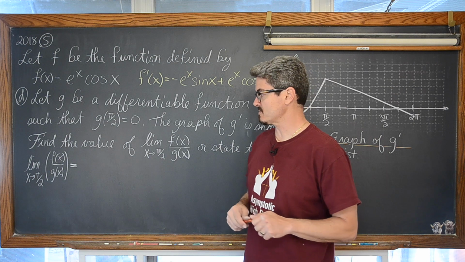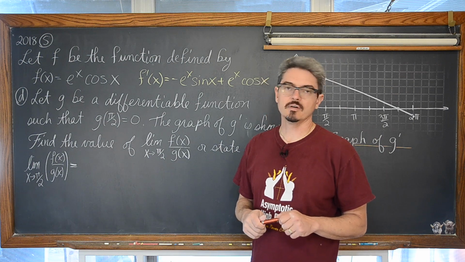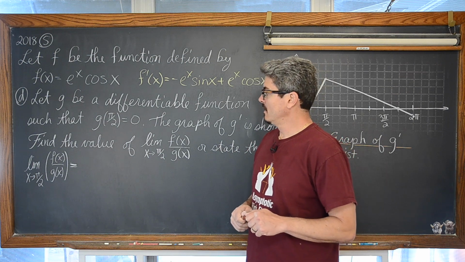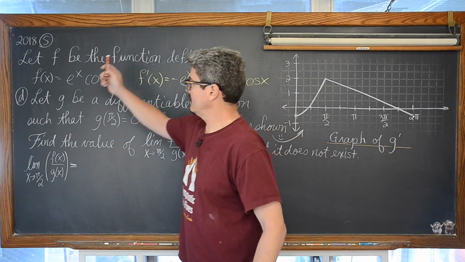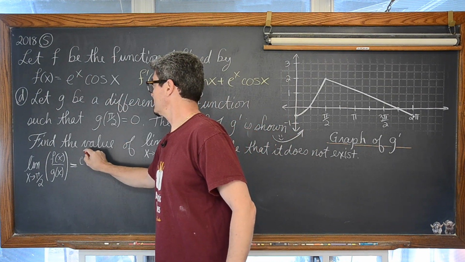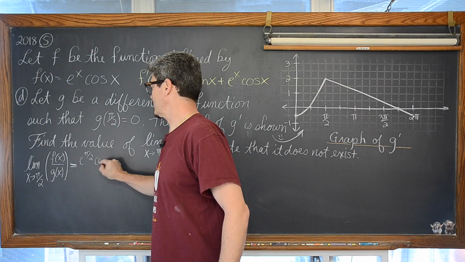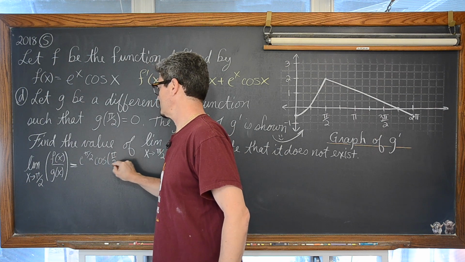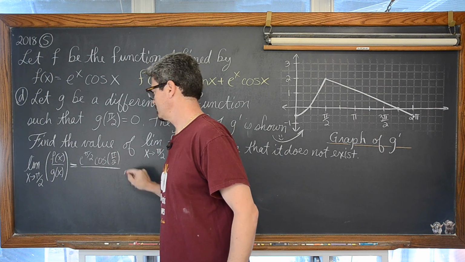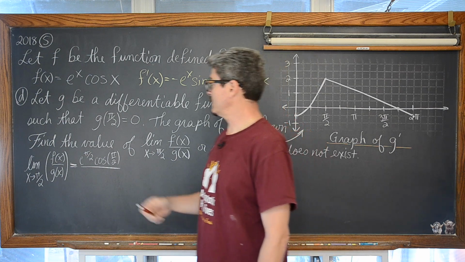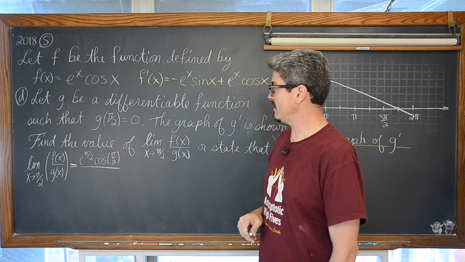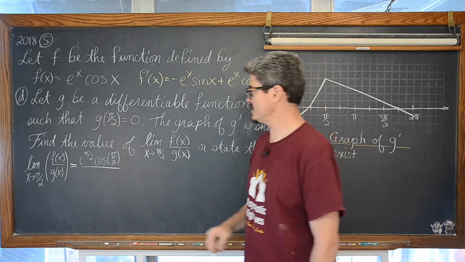The limit as x approaches pi over 2 of f of x. Well, e to the pi over 2 is no problem, but the cosine of pi over 2 is 0. And we already were told that g of pi over 2 is equal to 0.